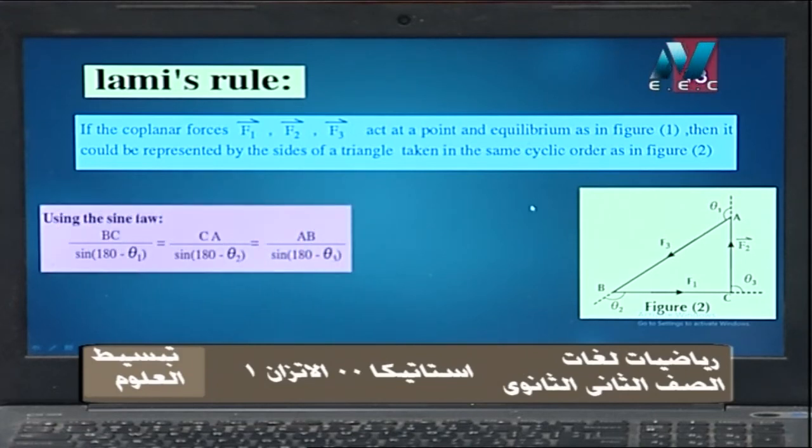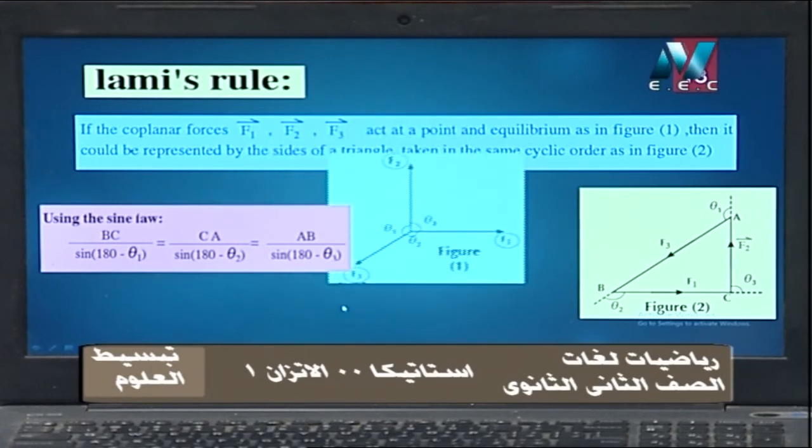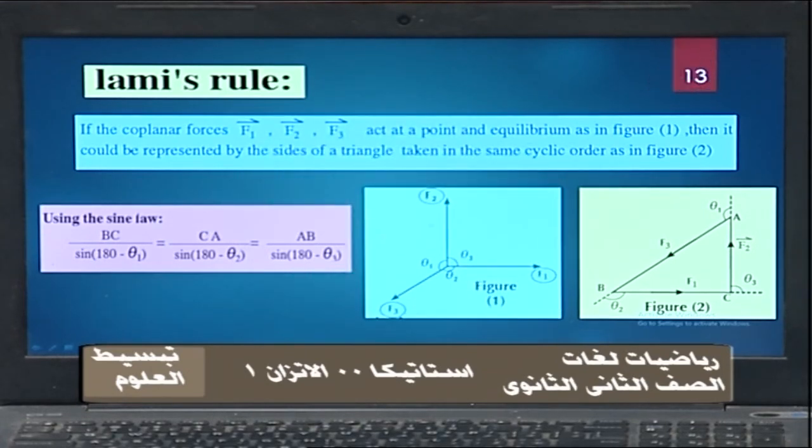Using the sine rule. You know, my dear students, the sine rule. It is BC, which is the side, over sine the opposite angle, which is 180 minus theta 1. If you want to look at them carefully, I have drawn this figure for you. F1 opposite to theta 1, F2 opposite to theta 2, F3 opposite to theta 3.